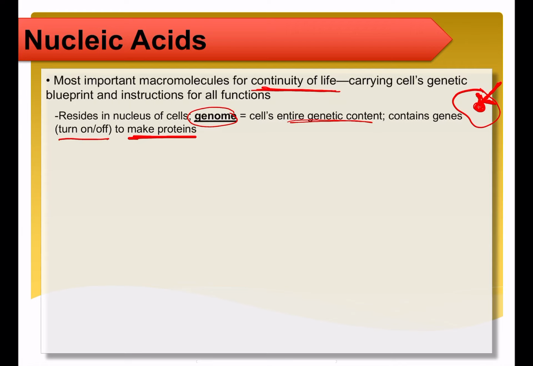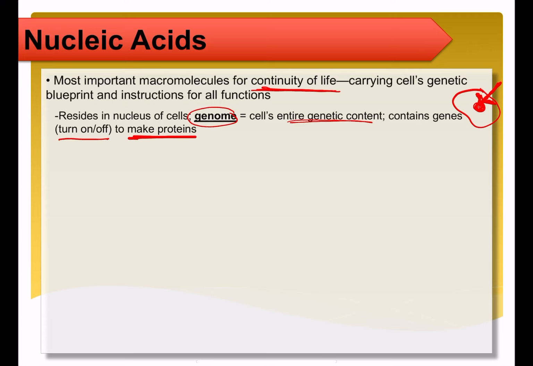So the furniture is kind of like your protein, but you need instructions in order to build that particular piece of furniture correctly. And the instruction manual is kind of like our DNA sequence or nucleic acids, which gives us the instructions on how to build this particular protein within the cell.